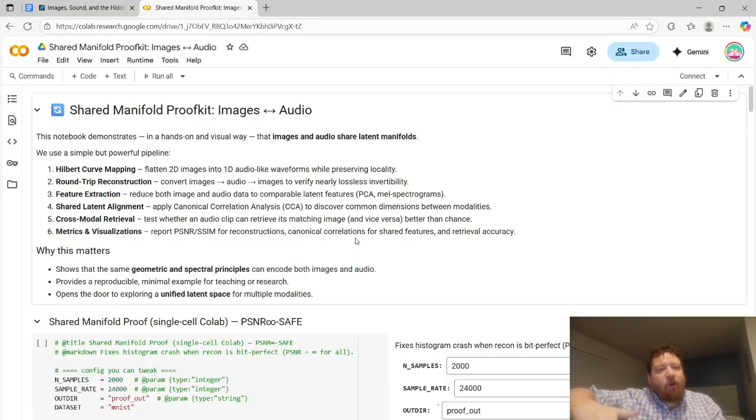The missing element that a lot of people don't understand is that there's an audio signal within every single image that can be recognized by these AI models, right?